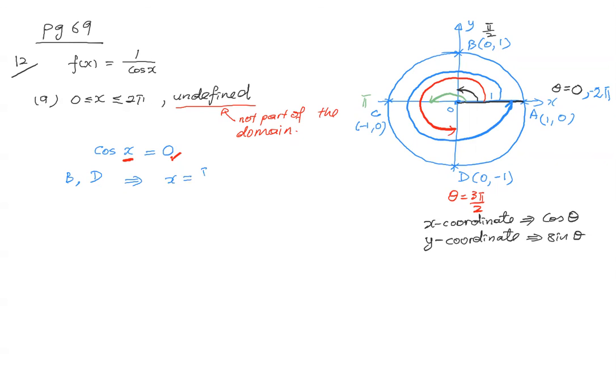Pi over 2 and another one? 3 pi over 2. So that is what you mean by undefined. Are you clear? Yes. Okay.